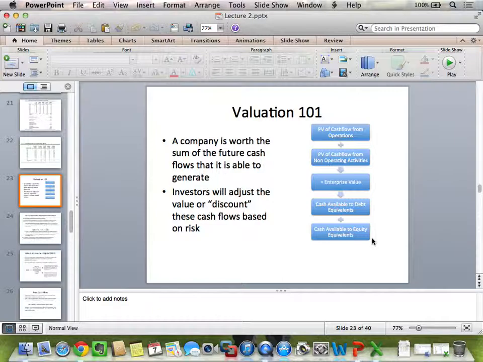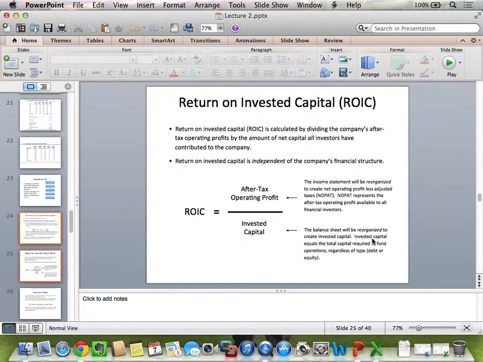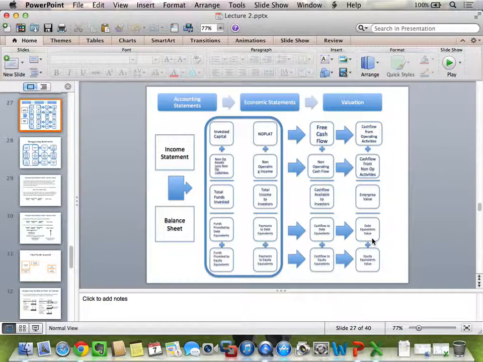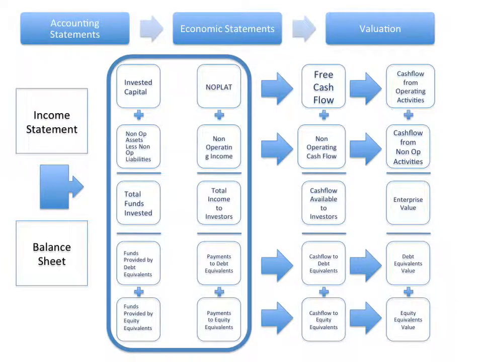Right? Now, the reason why we're going to use a mnemonic is to conceptually show you what we're about to do. You can think about this graphic. So the idea is that we are going to start with the accounting statements. We're going to rearrange them into economic statements, and it will be these economic statements which will help us do a valuation.